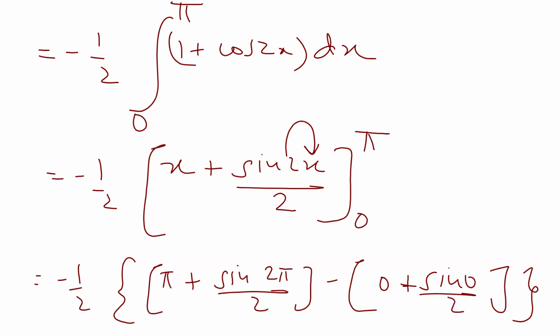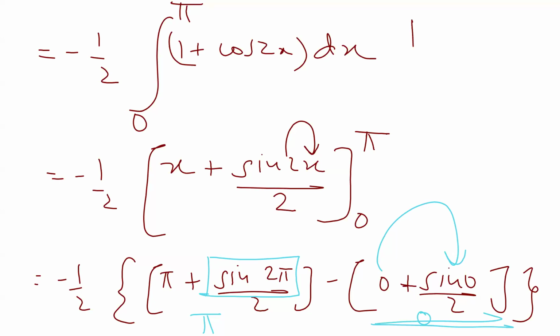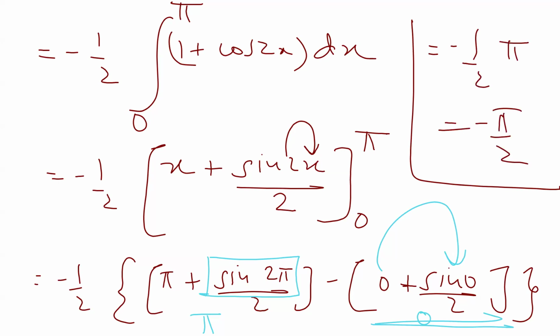The second box bracket is 0 because 0 plus sine 0 upon 2, and sine 0 is 0. In the first box bracket, sine 2 pi is sine 360, which is 0. 0 upon 2 is 0, 0 plus pi is pi. So the value of the first box bracket is pi. So this is going to be minus half into pi, which is minus pi by 2. That's the final answer.